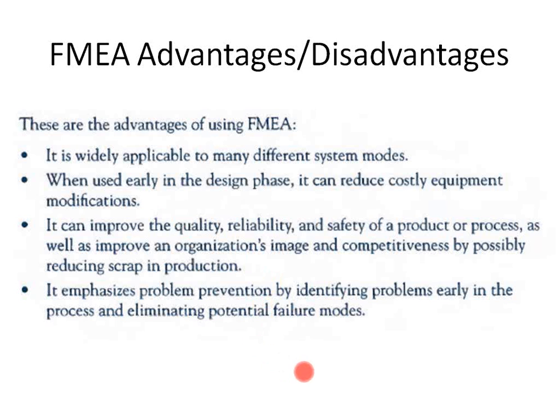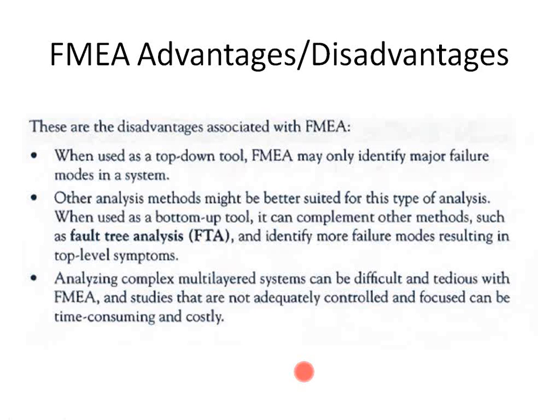Some of the advantages, disadvantages: widely applicable to many different systems when used in the early design, improve quality, reliability, and again, it talks about emphasis on problem prevention by identifying problems early. That's really the idea of FMEA. The downside, it's a top-down tool. May only identify major failure modes in a system.